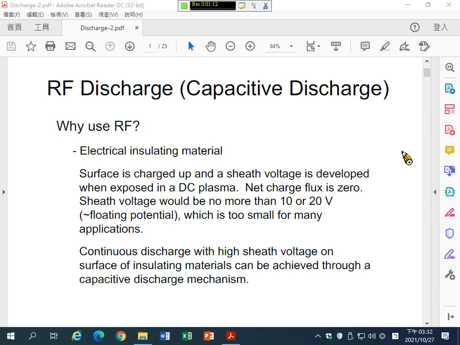So there's a potential difference, and this potential difference is also called sheath voltage.